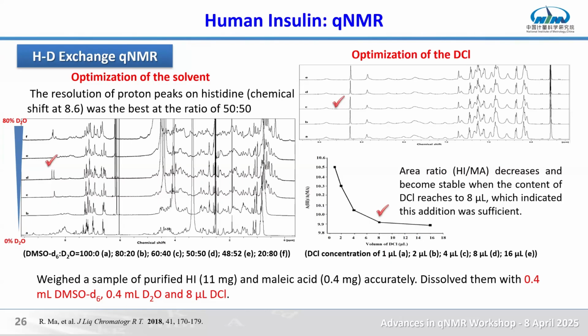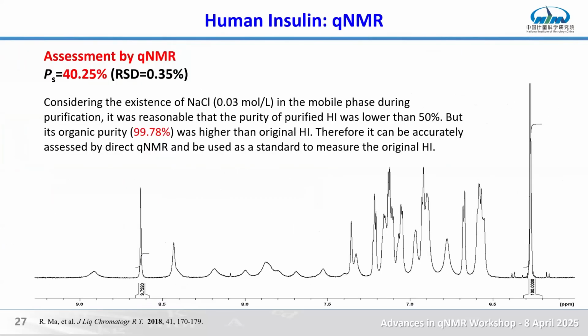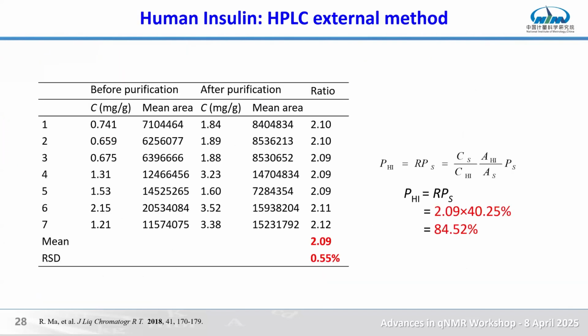And what's more, about 1% of deuterated hydrochloric acid was proved to effectively reduce the exchangeable proton peaks besides the quantitative peak. The organic purity of purified HI was accurately assessed by direct qNMR and used as a standard to measure original HI.